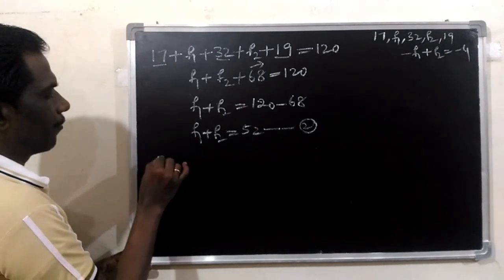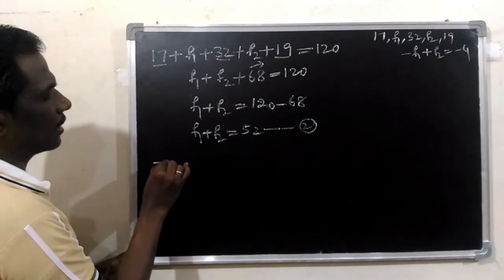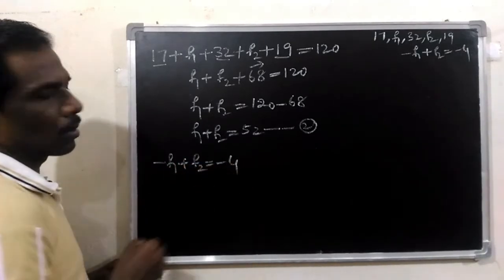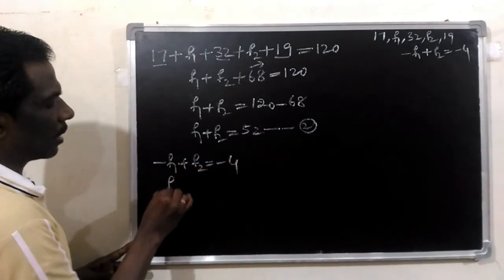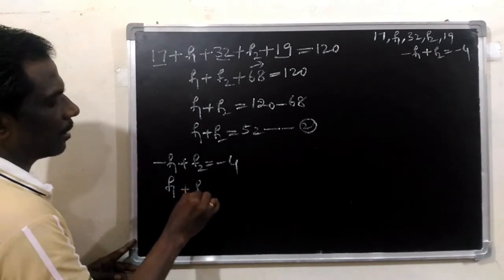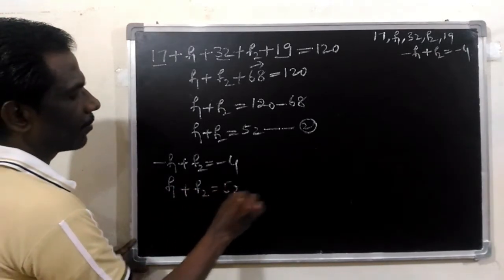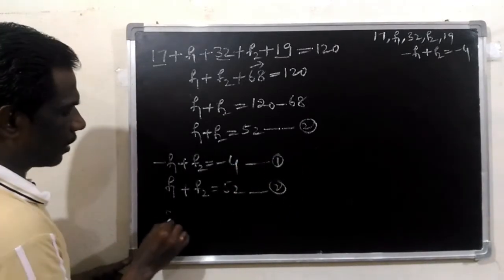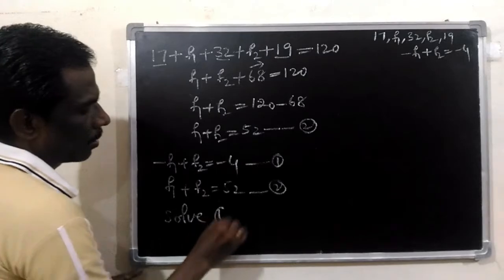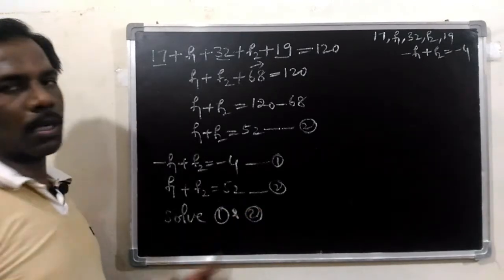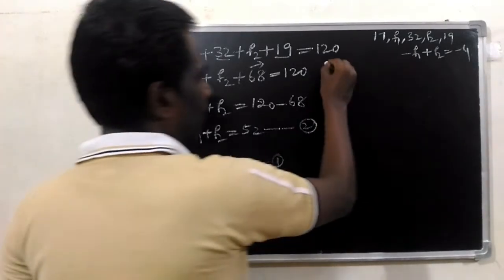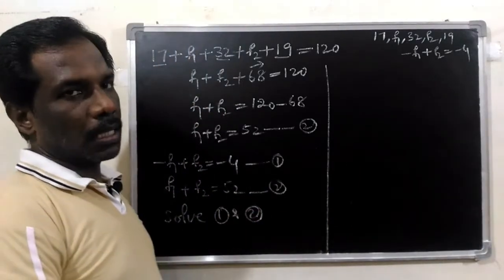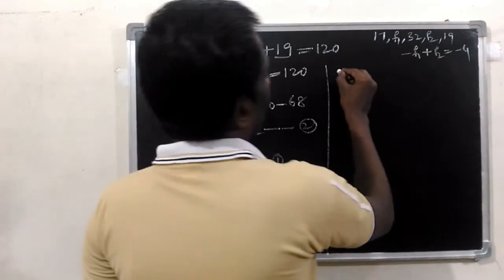Now the first equation is minus f1 plus f2 equal to minus 4, and the second equation is f1 plus f2 equal to 52. Now we have to solve the first and second equations. I am going to solve these two equations by the elimination method.